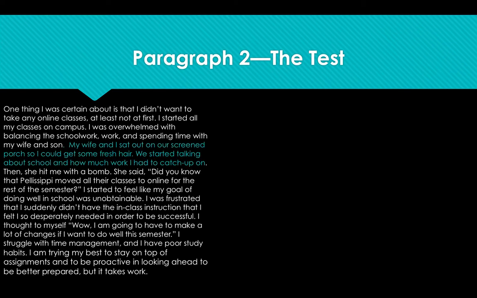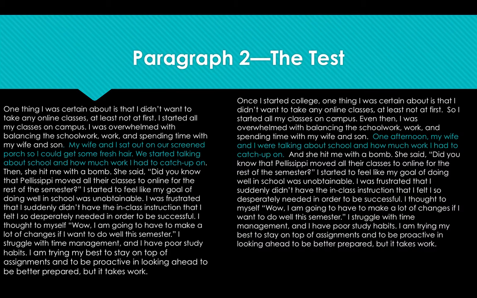Another section of the paper talks about when the student was sitting with his wife outside and sharing his struggles. So what happened here is that the writer just tightened those two sentences into a single sentence.